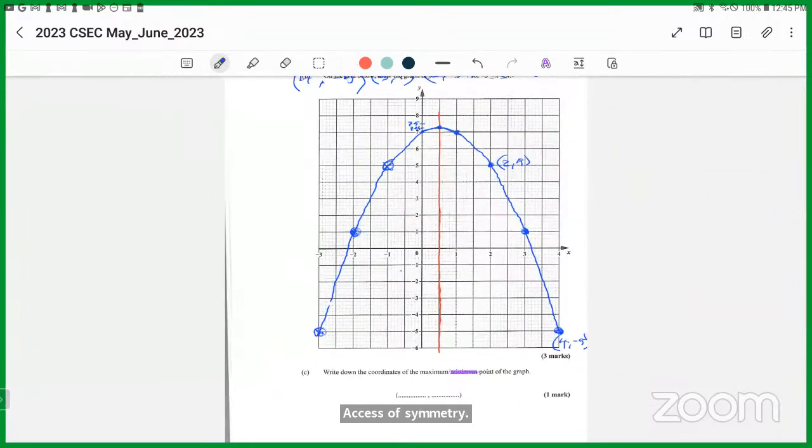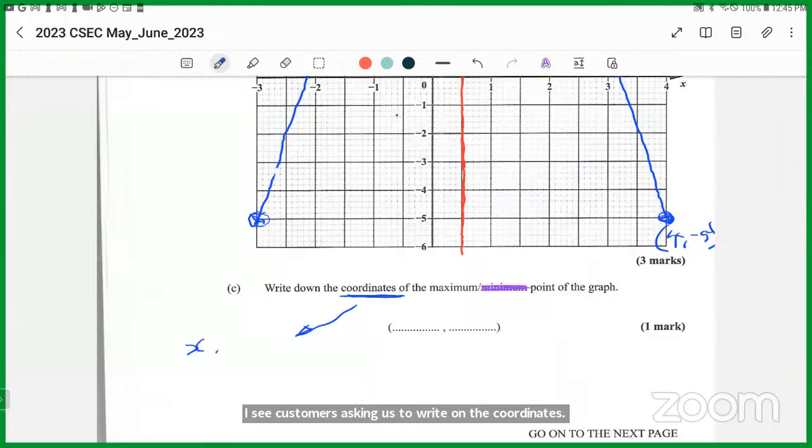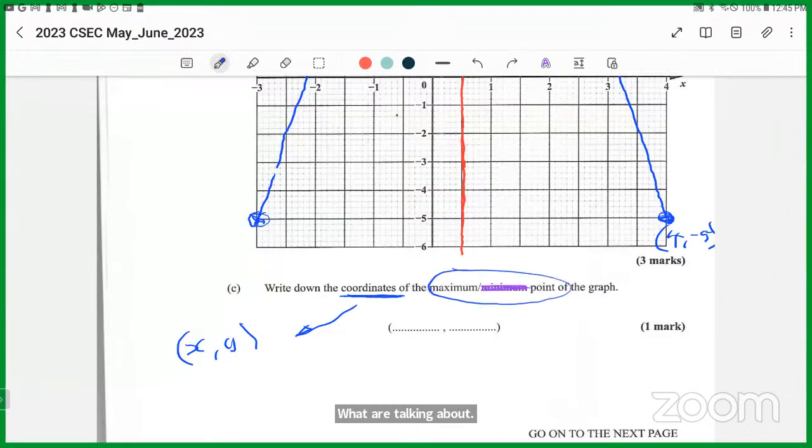That's it. Now this question is asking us to write down the coordinates. Coordinates mean you have to give the x value and the y value. But we're talking about the maximum point. That is xt, yt, so putting the xt value here and the yt value there.